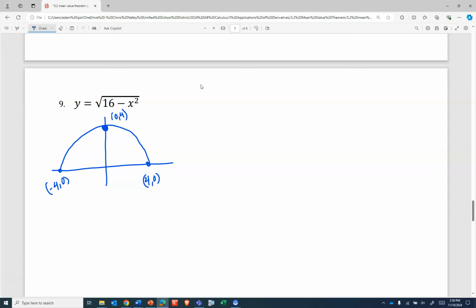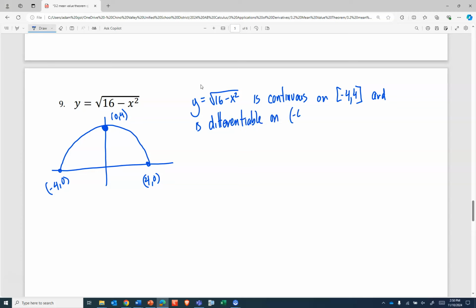Okay, so let's see. y equals the square root of 16 minus x squared is indeed continuous on the closed interval negative 4 to 4 and is differentiable on the open interval negative 4 to 4.